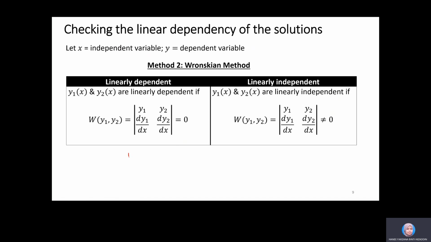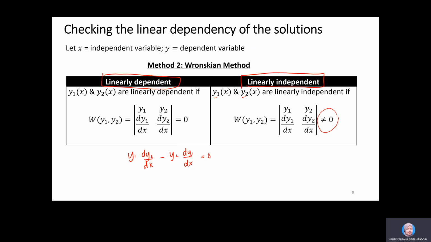You evaluate y1 times dy2/dx minus y2 times dy1/dx. If this value is equal to 0, then we say that y1 and y2 are linearly dependent. If the Wronskian determinant is not equal to 0, then you can say that y1 and y2 are linearly independent.